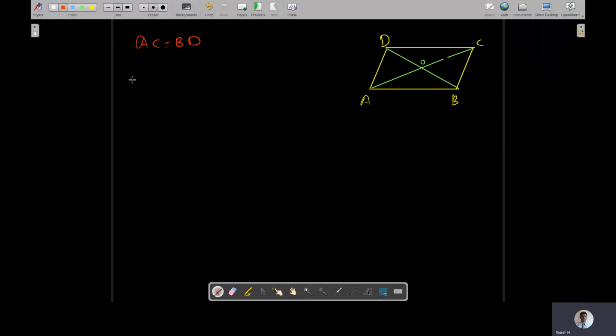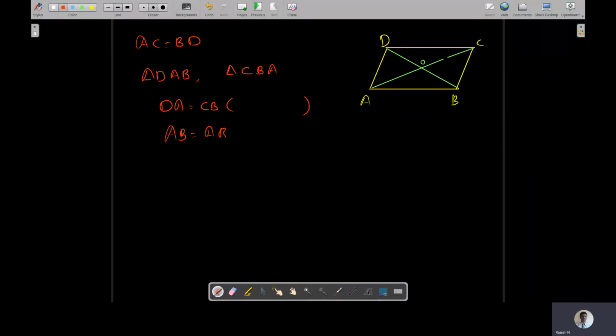Now consider triangle DAB and triangle CBA. What is DA and CB? DA is equal to CB. What is the reason? Opposite sides of a parallelogram.